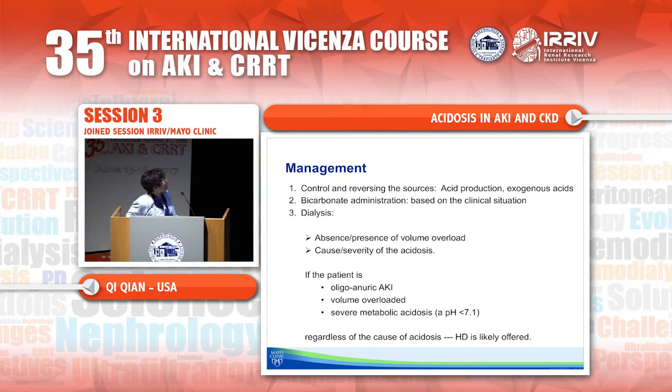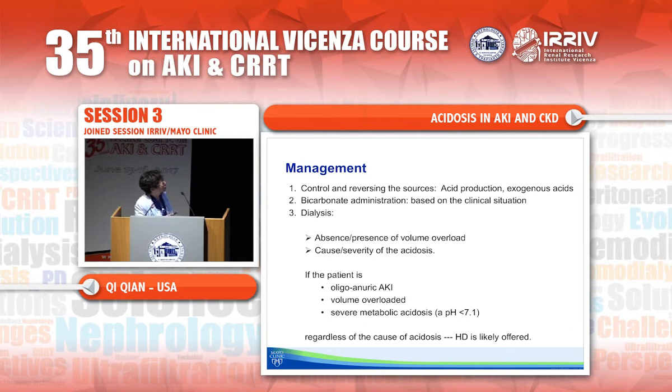So in terms of management of acidosis in the patient with AKI, you essentially want to control and reverse the sources of acid production. You eliminate acid production if possible, and you eliminate exogenous acids. You use bicarbonate or dialysis based on the clinical situation.